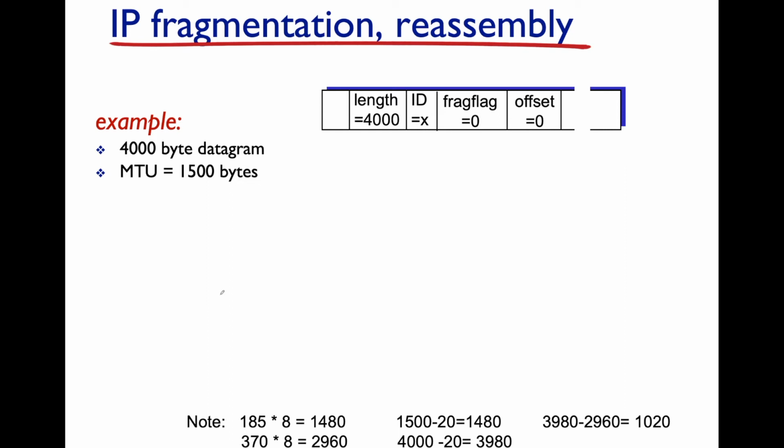So let's do an example, and this is from the book, to look at the different flags and what the flags are for in IP when you do fragmentation. Let's imagine you start out with a 4,000 byte datagram, and the MTU, media transfer unit, is 1,500 bytes. For these 4,000 bytes, you're going to need 3 datagrams in order to represent them.